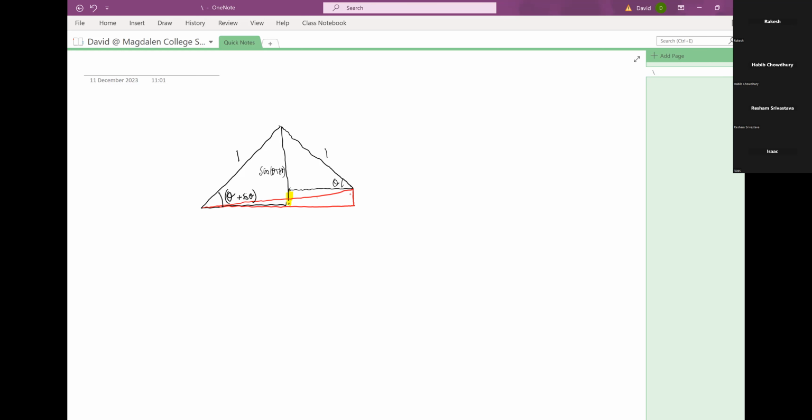And in order to think about this right angle triangle, I'm going to do a little bit of angle chasing, considering this bigger triangle here, which has got length 1 and 1, which is an isosceles triangle.